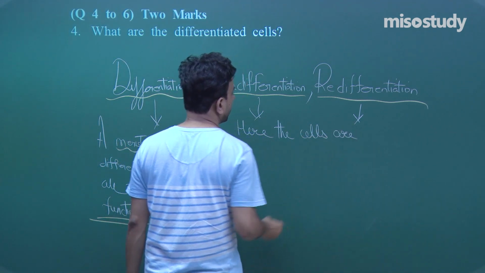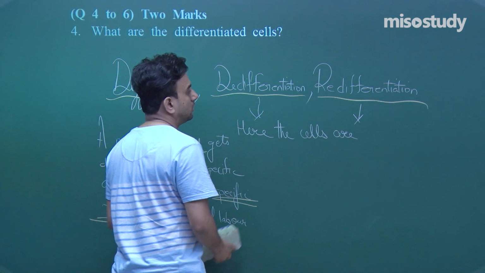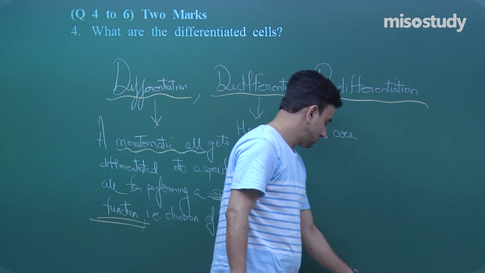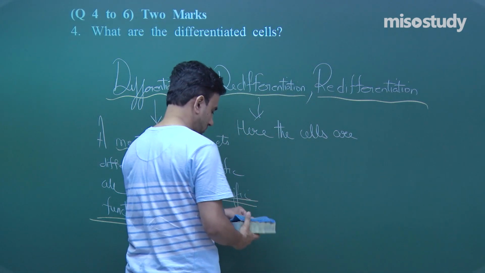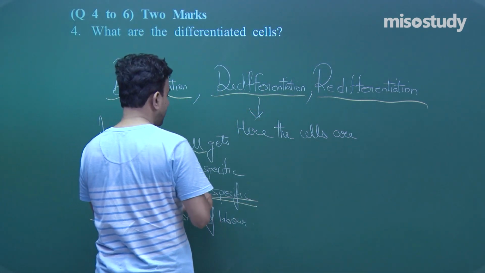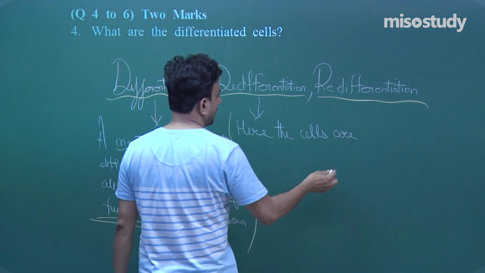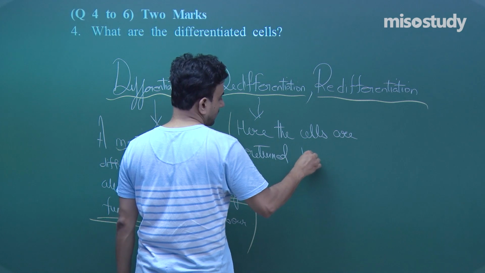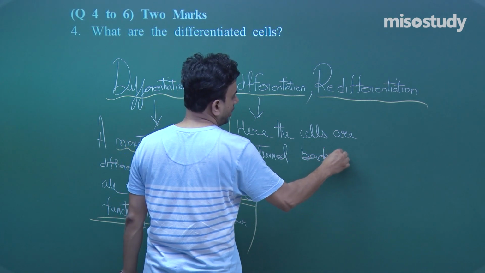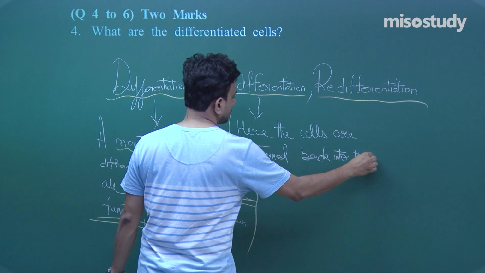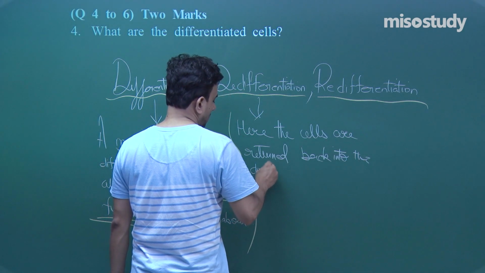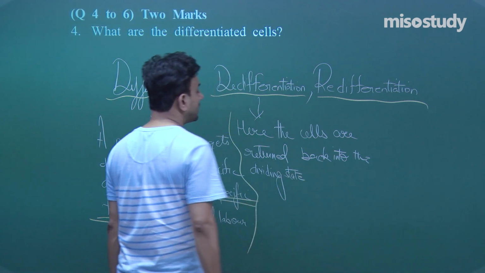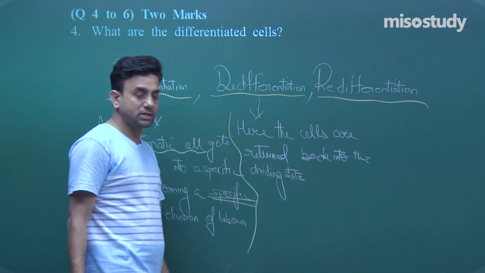So in dedifferentiation, here the cells are returned back into the dividing state, right?